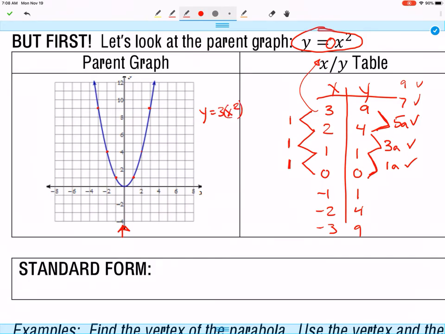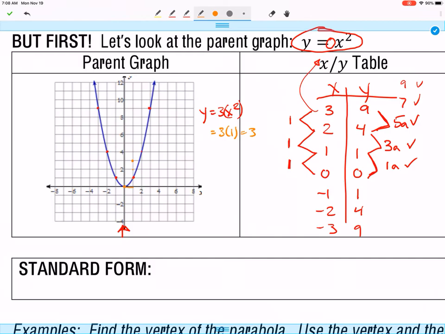If we were to plug in 0, that would give us 0. Then our next step is we go over 1, and here our x is 1, because we just moved over 1. That would give us 3 times 1, which is 3, so it would go up 1, 2, 3.